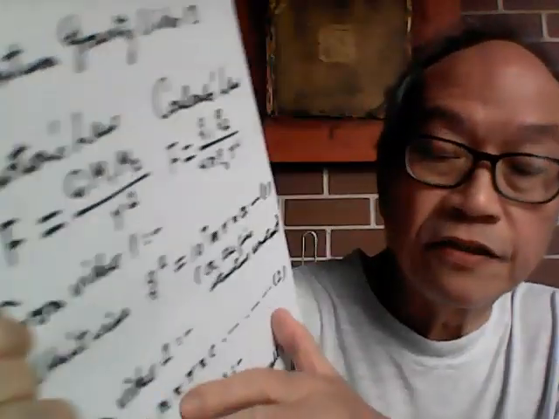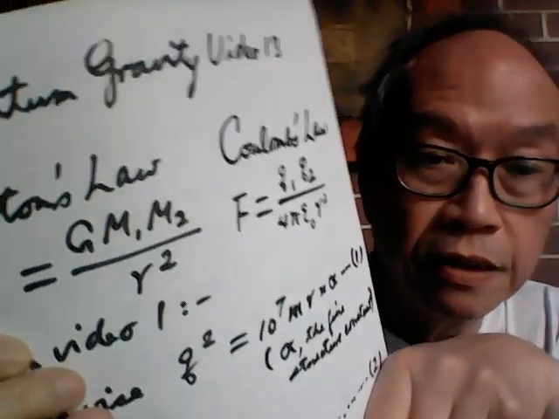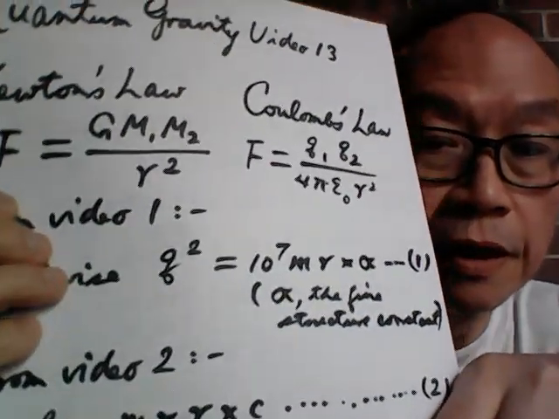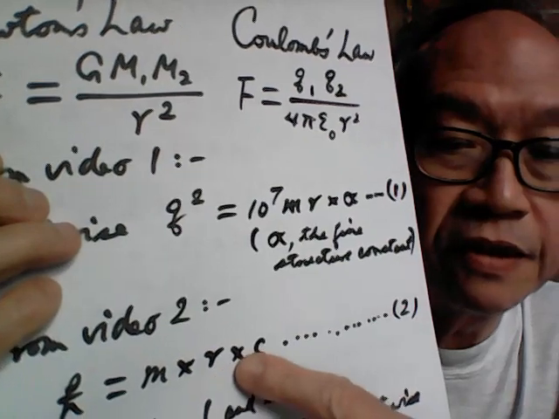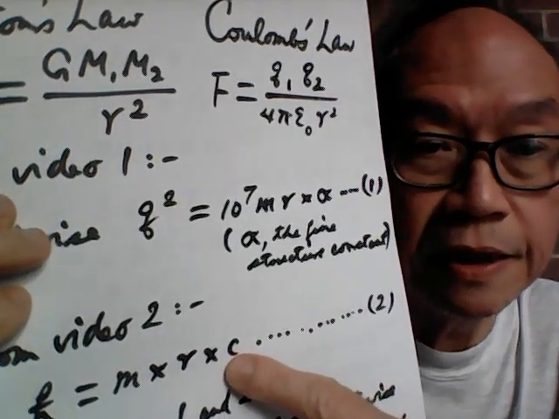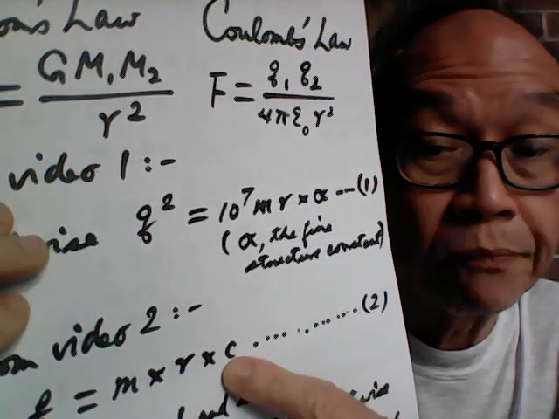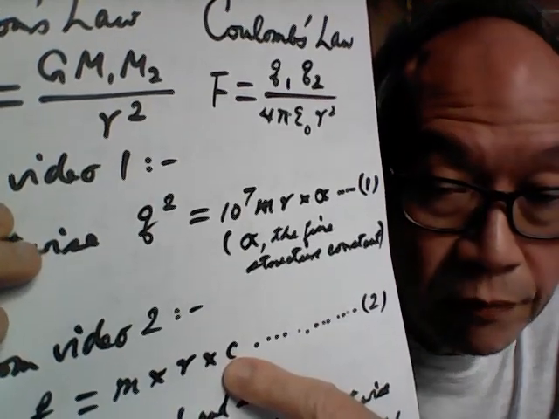In my video 2, I have already deduced the relationship for h bar, which is the reduced Planck constant h divided by 2 pi, and this h bar is equal to the mass times radius times c, where c is the speed of light in vacuum.